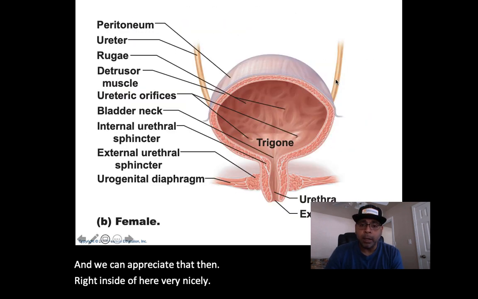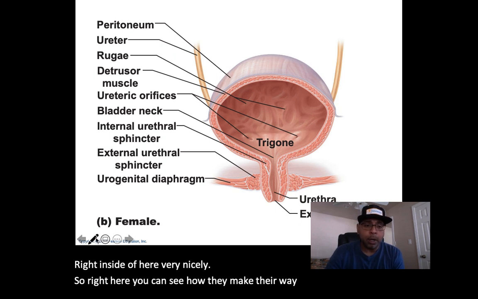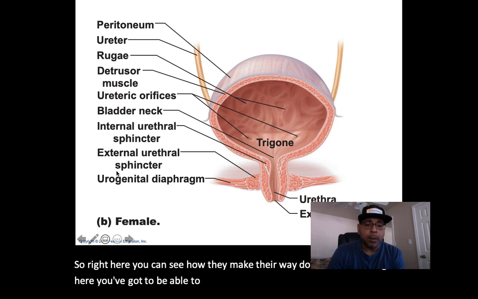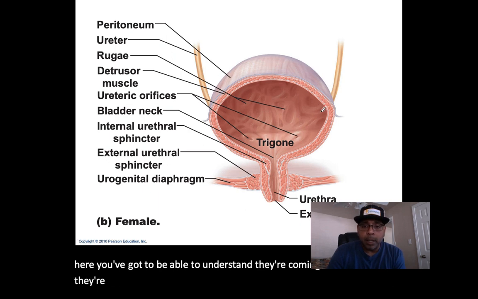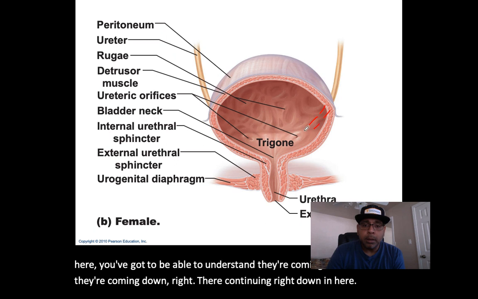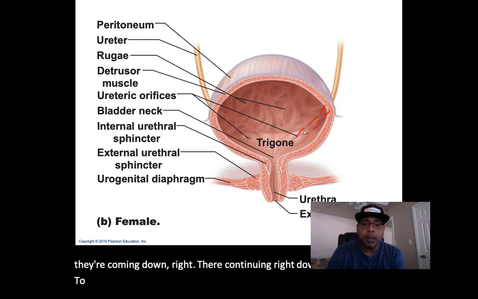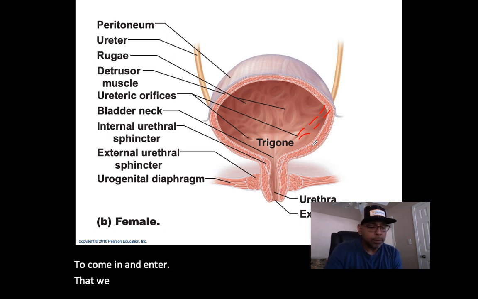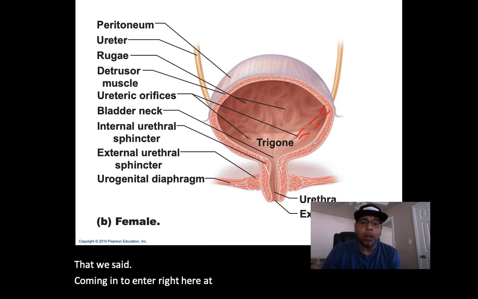So right in here you can see how they make their way down. If I was to draw in here, you've got to understand they're coming down, continuing right down in here to enter right here at the posterior inferior bladder wall.